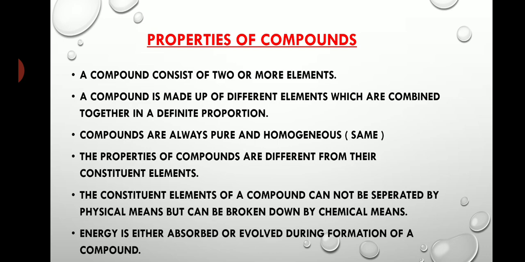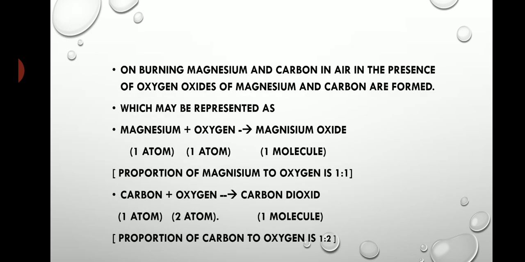The properties of compounds are different from their constituent elements. Now, if I take this example one more time, magnesium plus oxygen. Over here there are two elements, one is magnesium and one is oxygen.